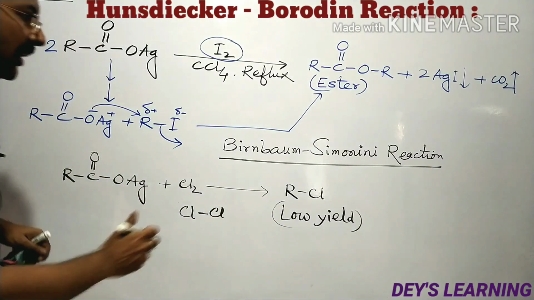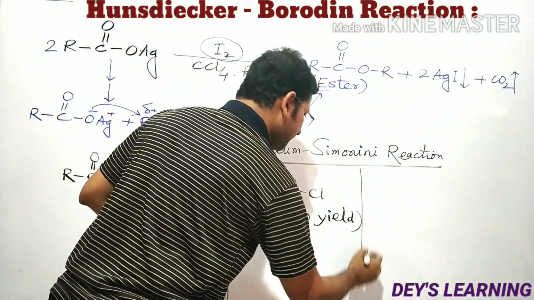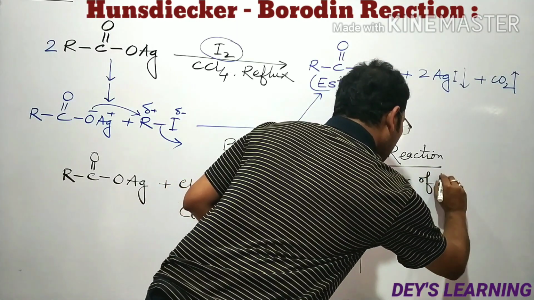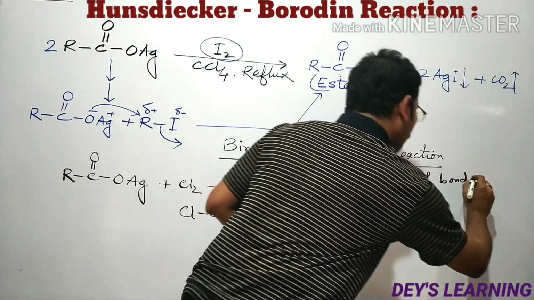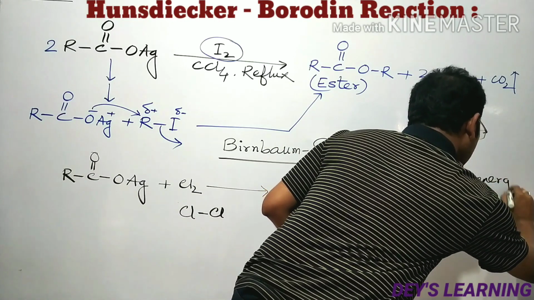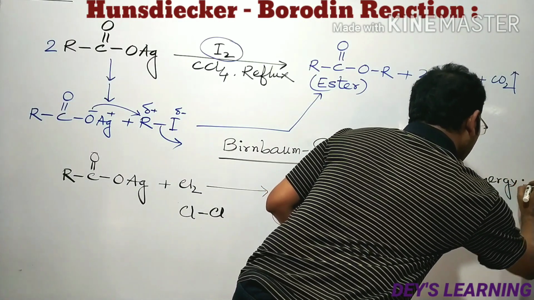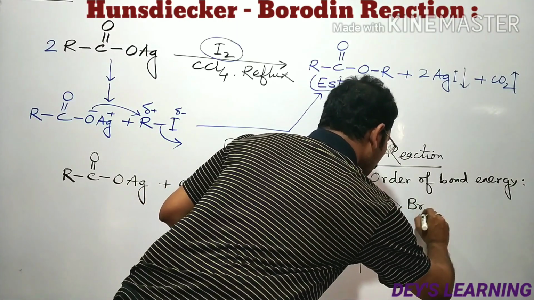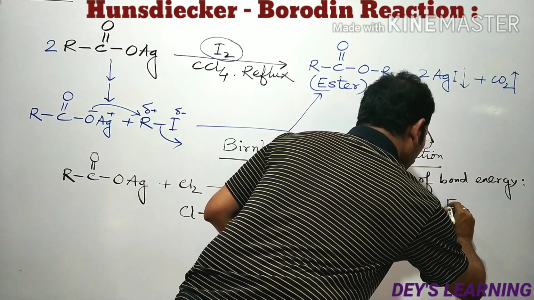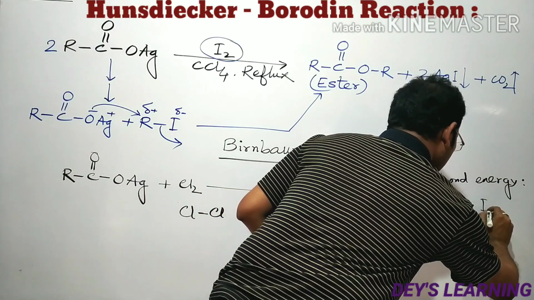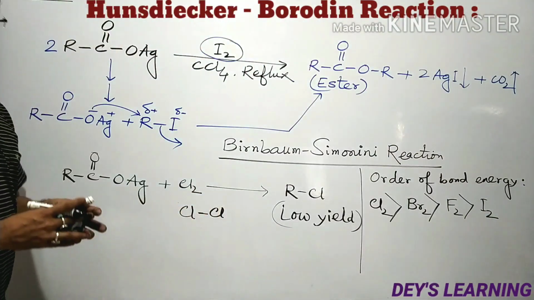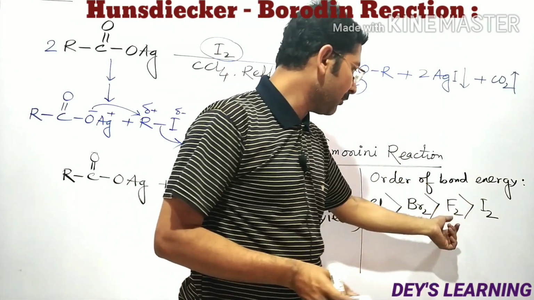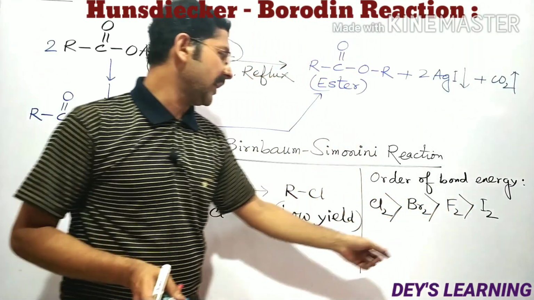The order of bond energy of halogen molecules is Cl2 is greater than Br2 is greater than F2 is greater than I2. Of course, due to the lone pair repulsion and the smaller distance between two fluorine atoms, its bond energy is very low.